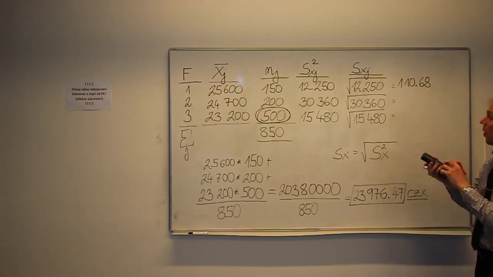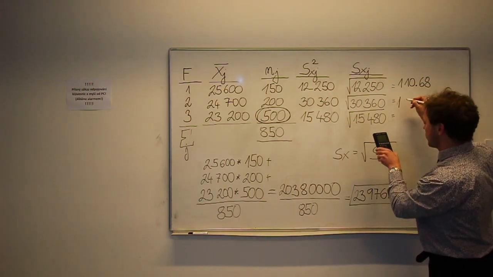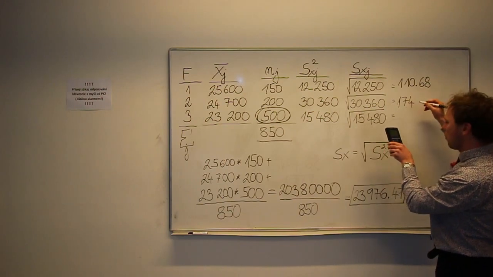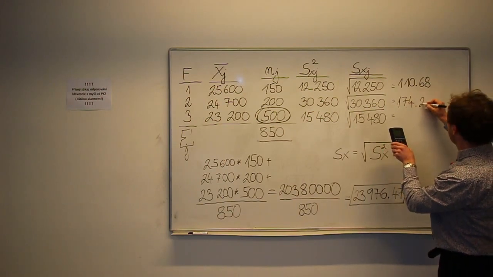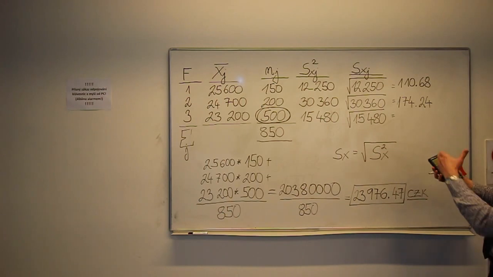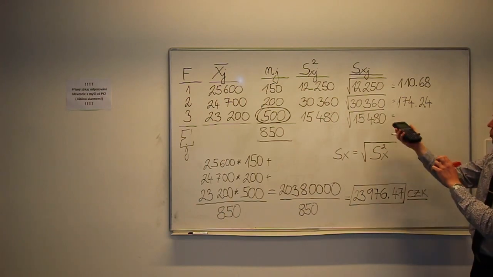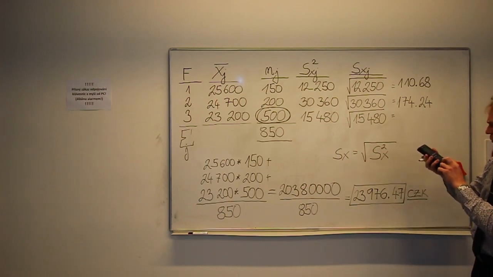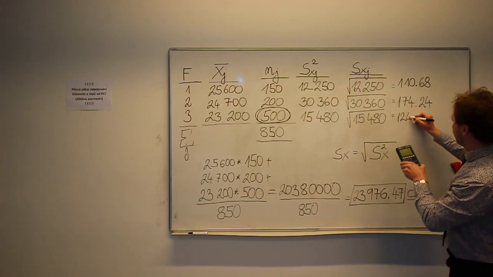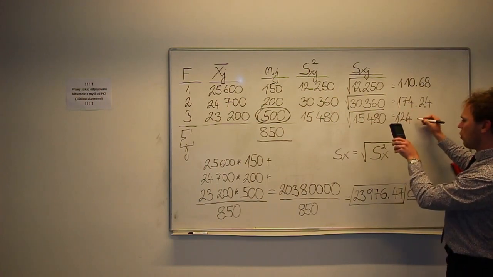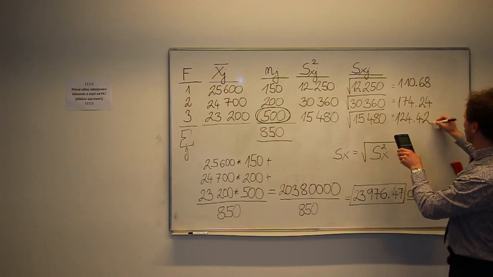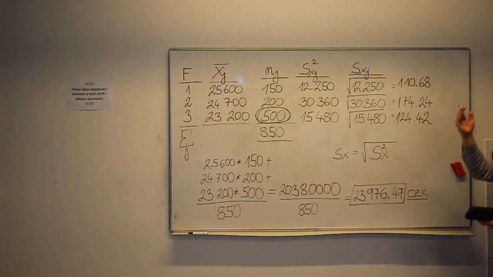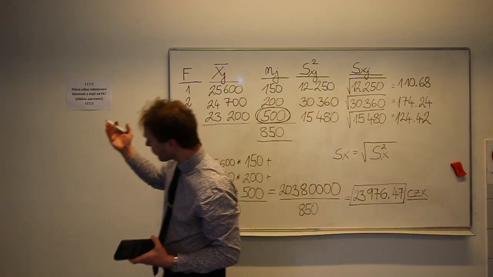Square root of 30,360 is 174.24, and we can continue. Square root of 15,480 is 124.42.